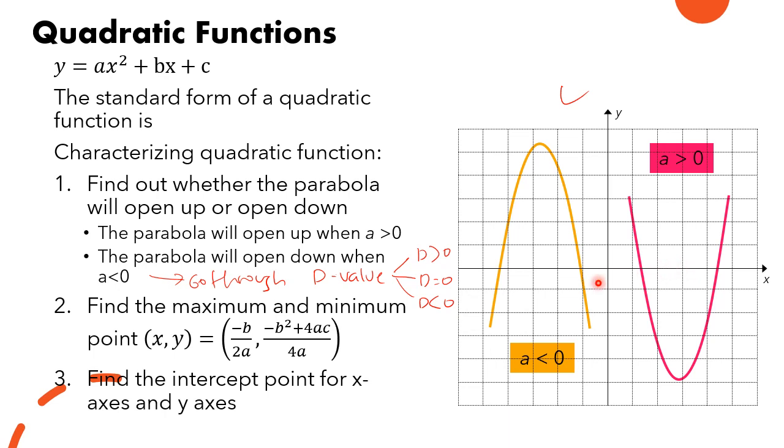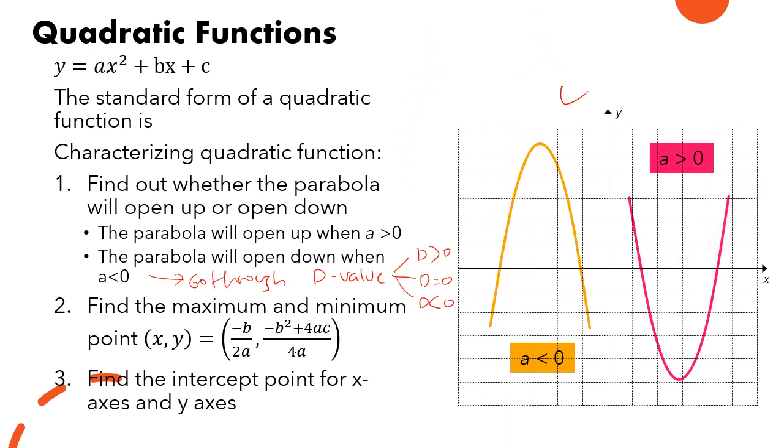And because a has a positive value, my extreme point will be a minimum point. Then for the intercepting points for the x-axis and y-axis, you know that if D is smaller than 0, it's only touching one point on the x-axis. And now you can define the y-axis, to make the drawing well.